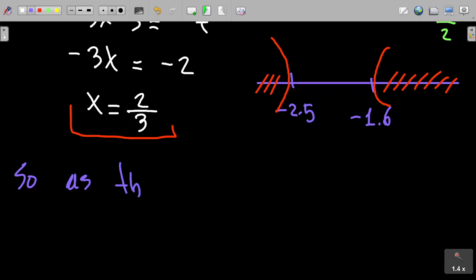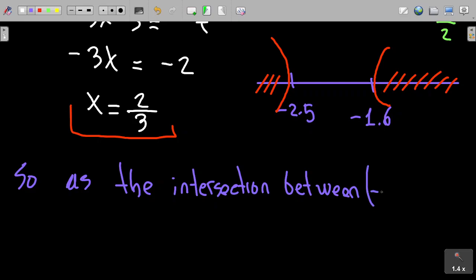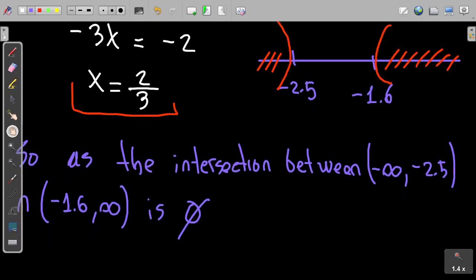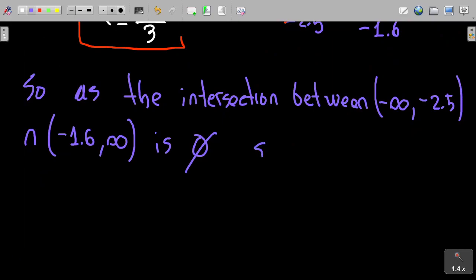As the intersection between negative infinity until negative 2.5 with negative 1.6 until infinity is the empty set, x is not a solution.